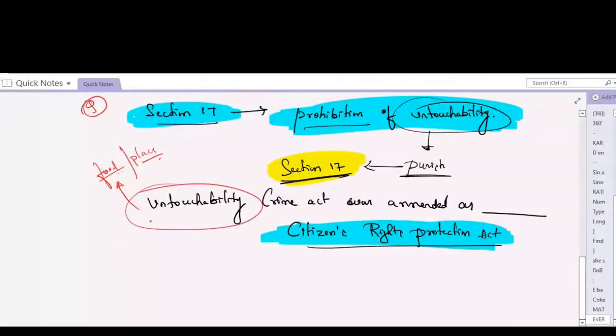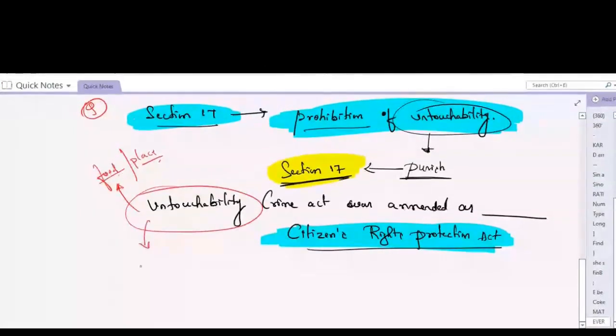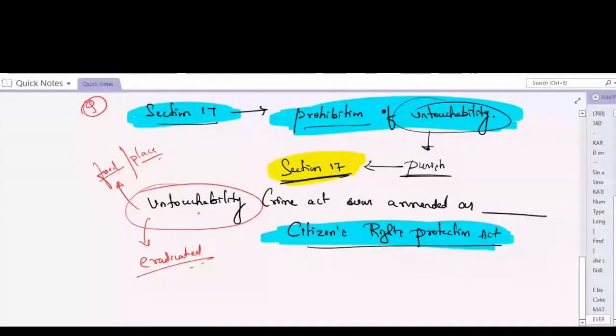But now, do you think that people in our school itself, the classmates who belong to SC/ST, we stay with them, we're not following untouchability. So almost we can say that untouchability is completely removed from our society.